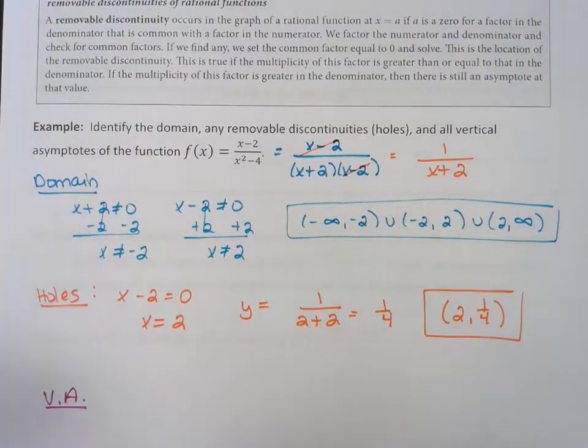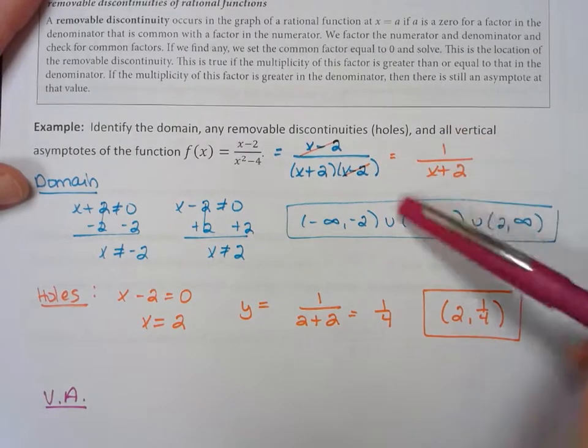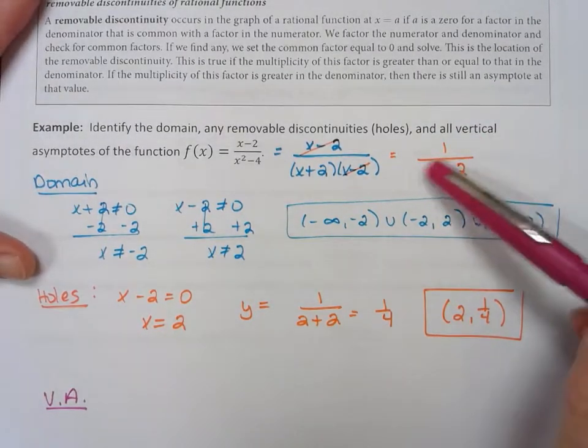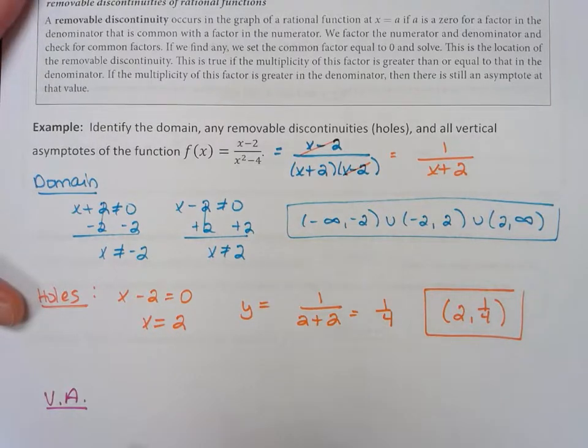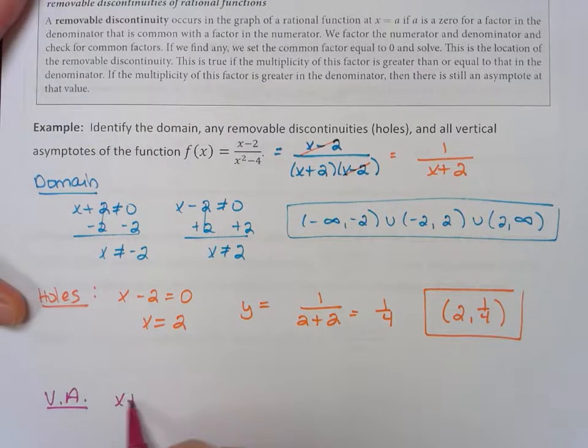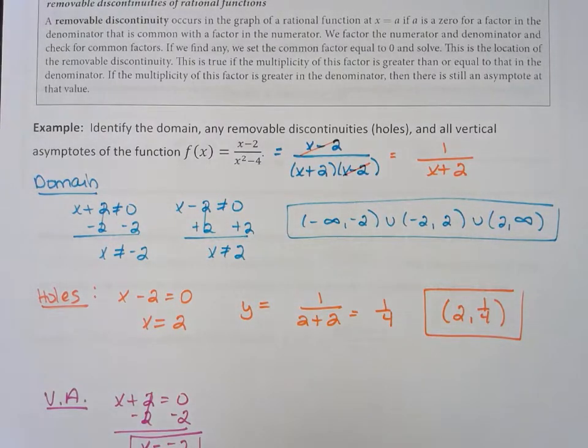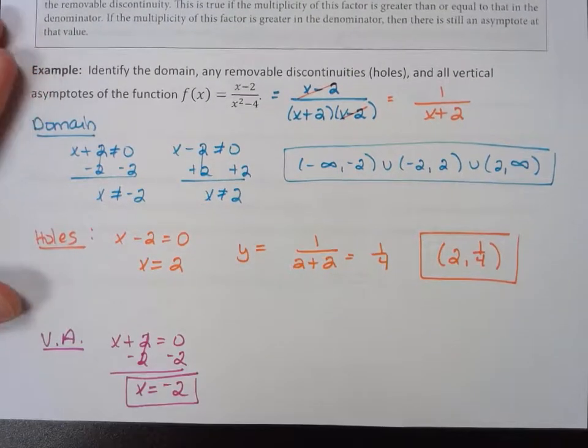Your vertical asymptotes are in the reduced form of your function, whatever makes the denominator 0. So you have a vertical asymptote at negative 2. And don't forget this is an equation because it's a line. You have a vertical asymptote at x equals negative 2.